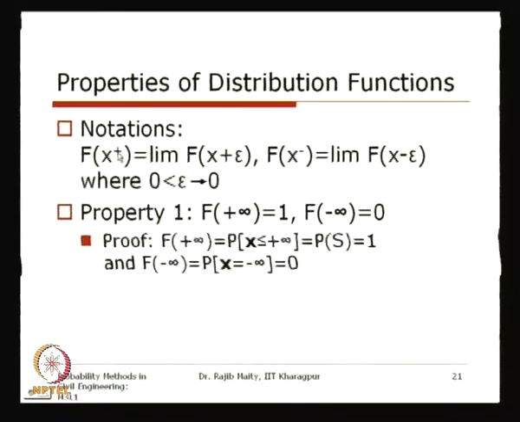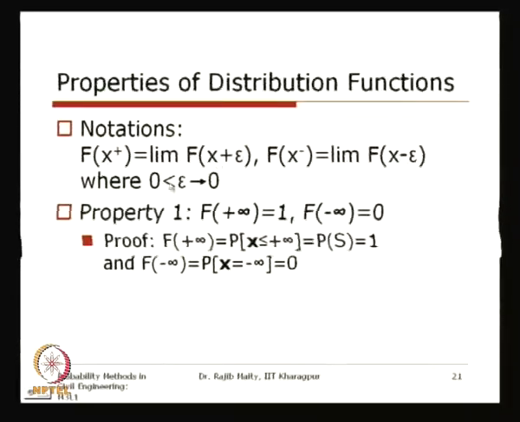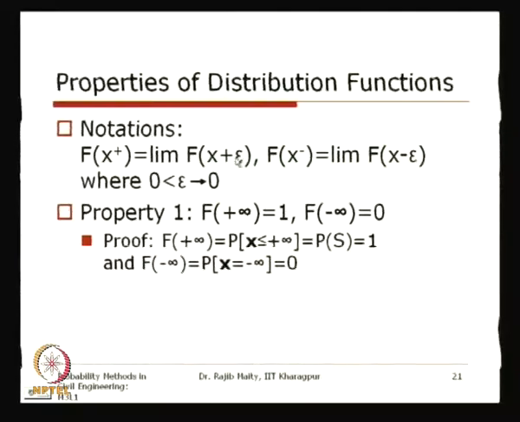F of x plus of this random variable X is equal to the limit of F at that particular value x plus epsilon, and F x minus means the limit when epsilon is greater than 0 but tending to 0. So, a very small number. F x plus means just the right side of that x, and F x minus is just the left side of that x.